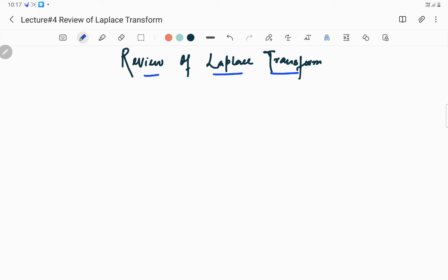Today we'll recapitulate the Laplace transform, and I believe that you have already done a course on Laplace transform from the Department of Mathematics. So Laplace transform, so far as we are concerned, is very much useful for the analysis and design of linear time invariant systems.